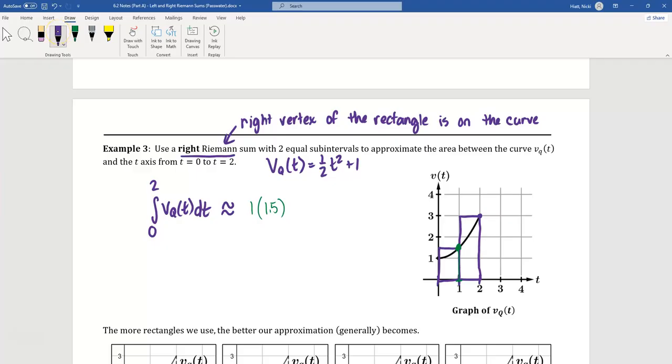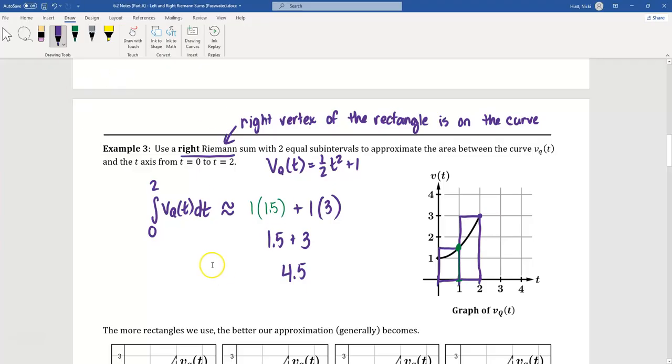And then the next one's easy to count. It's just going to be 1 times 3. So we would have 1.5 plus 3, and we'll get 4.5 for our estimate. Okay.